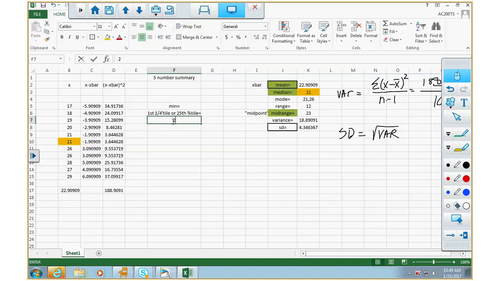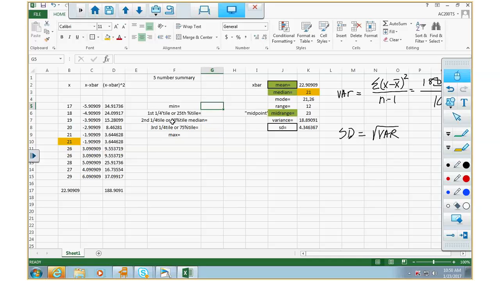The second quartile or 50th percentile, or it's also called the median. Third quartile or 75th percentile. And then max.